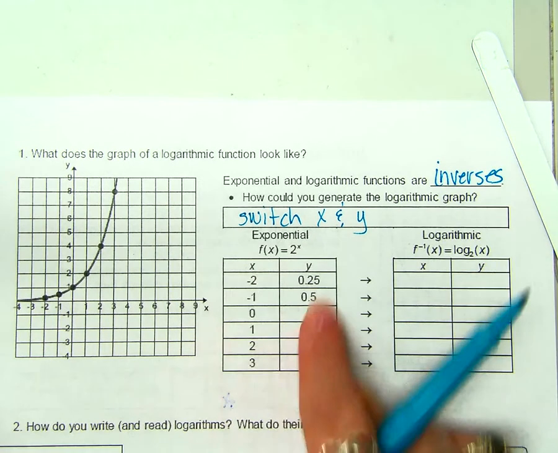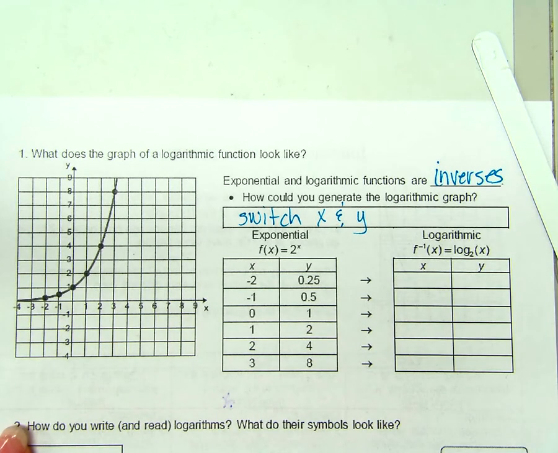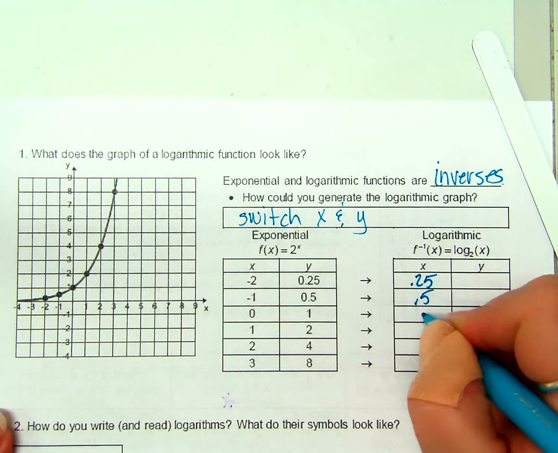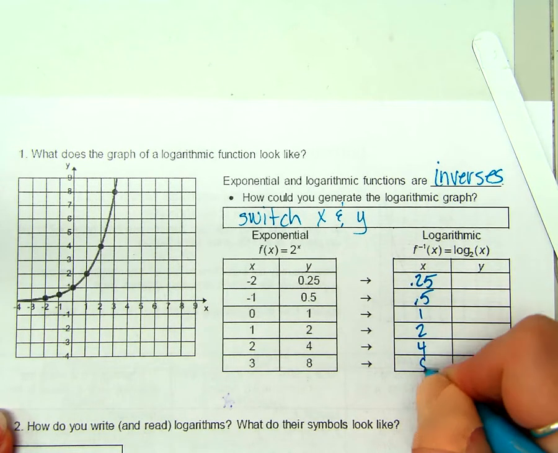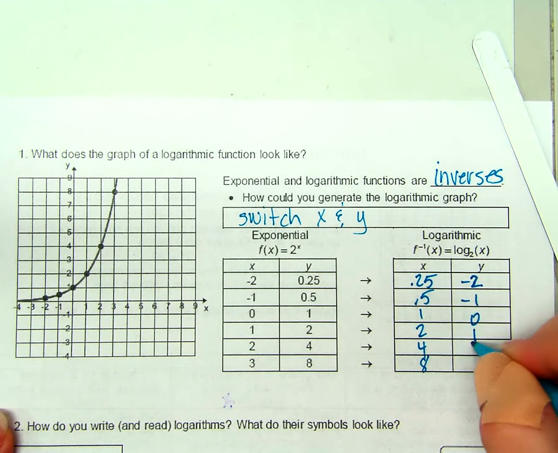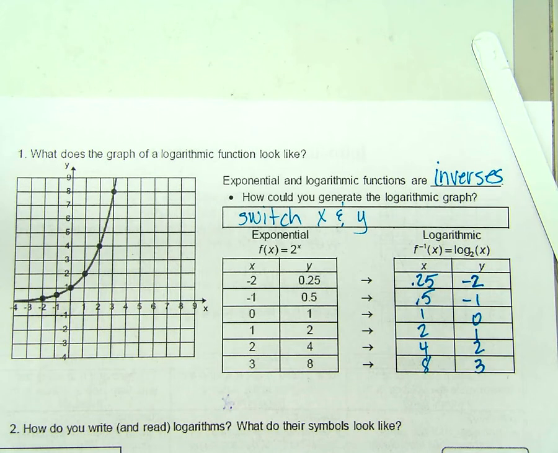Well, like I said, we have a table for exponents, so how do we find the logarithmic table? Switch X and Y. Do it. Now that you've switched X and Y, how can I find the graph?